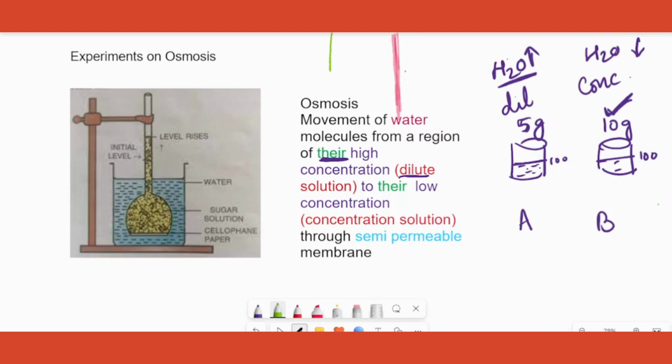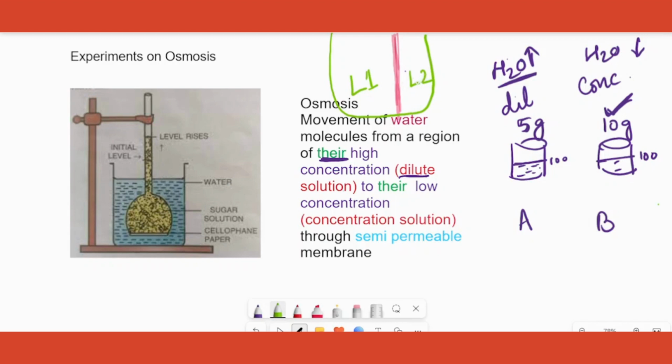Now, if I'm separating two liquids by using a semi-permeable membrane, there is liquid number 1 here and liquid number 2 here. Both of them are separated by a semi-permeable membrane. What happens? Water starts moving. How does water start moving?